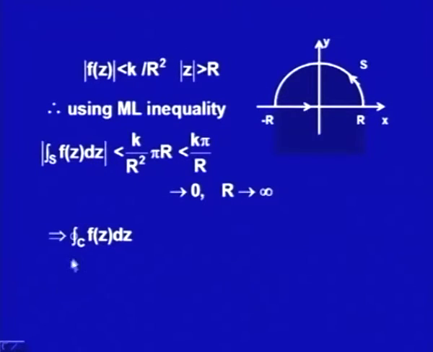So, now what we have got? Along this closed contour, the integral of f z d z is, by the residue theorem, 2 pi i times the summation of all the residues of f z interior to this contour C, and this integral we had broken into two parts. One is the contour integral on the semicircle S and another is the integral on the line on the real axis from minus r to plus r.